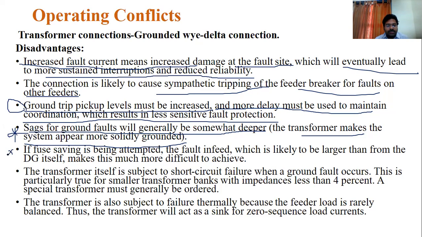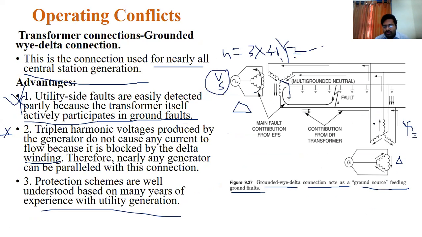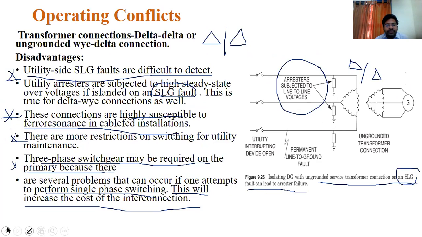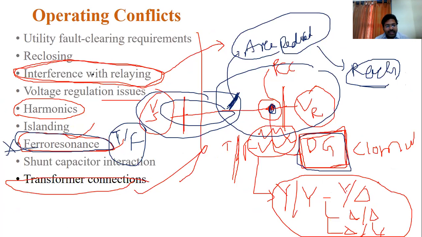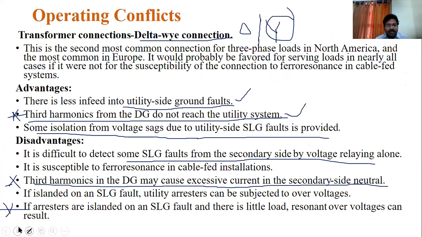Okay. Then what is another type of disadvantage? Fuse saving is being attempted, because fuse saving can increase the fault current in the system. When the fault current increases, what will happen here? The protected fuse is melted. In the relaying concept, reclosing and interfacing of the relay, you already discussed this concept called fuse saving.